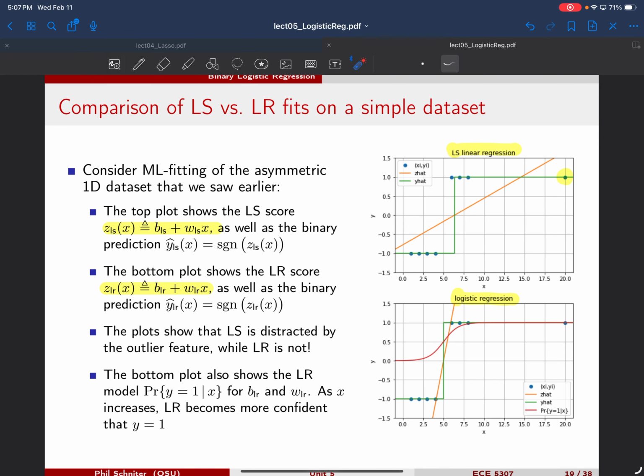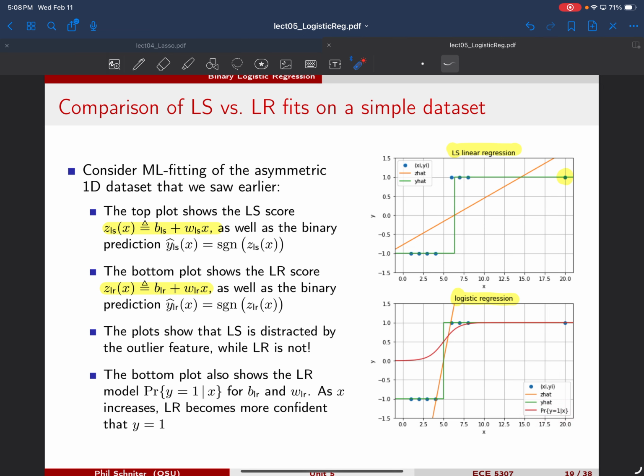And so this is what we have for the line for our new z-hat. You can see that it's steeper and it's centered at the right spot. When we threshold that line, we get these hard decisions, which are perfect, very symmetric, even though our data is not symmetric. And we're also able to plot the probability that y equals 1 given x according to our model.